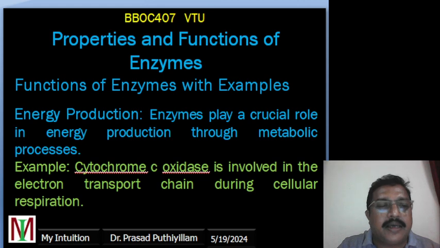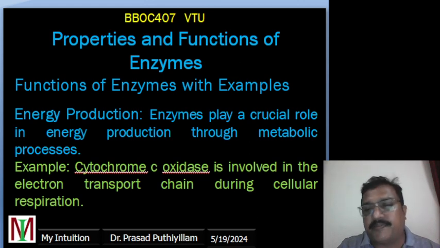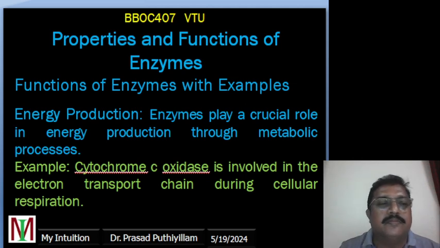Cytochrome c oxidase is one of the worker enzymes. It does the electron transport through a chain, for cellular respiration. This is the process which extracts the energy from food molecules to power our cells.